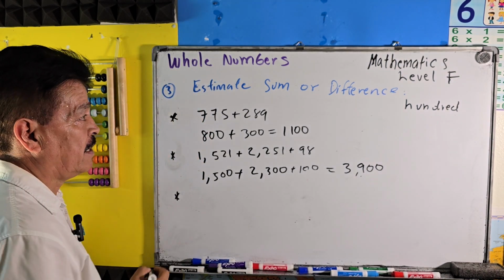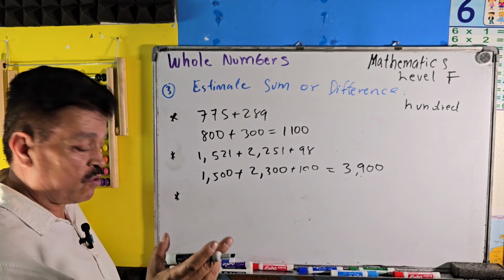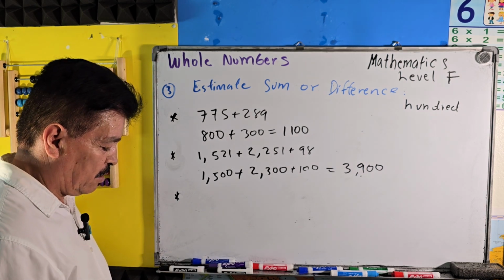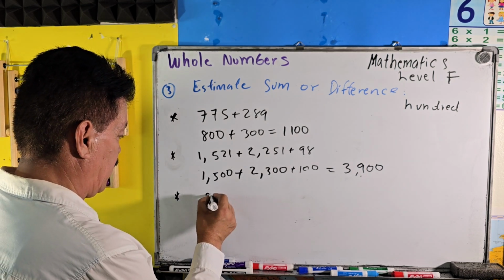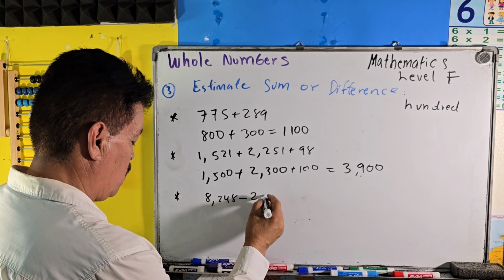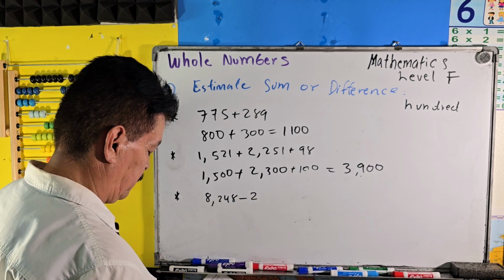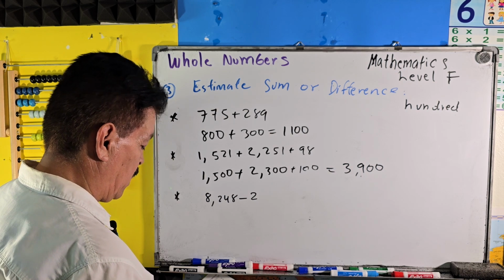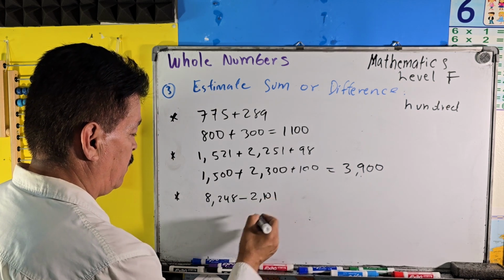One more. Let's write this estimate, the sum or the subtraction. Let's write here 8,248 minus 2,101.